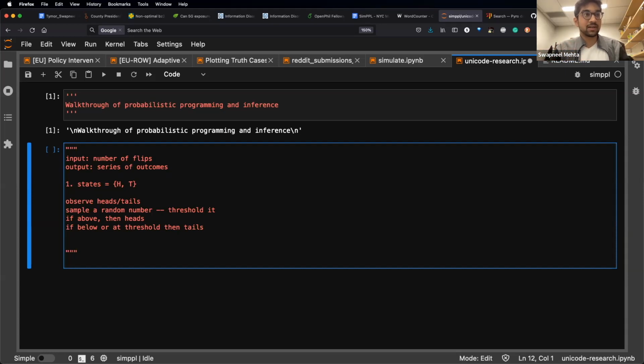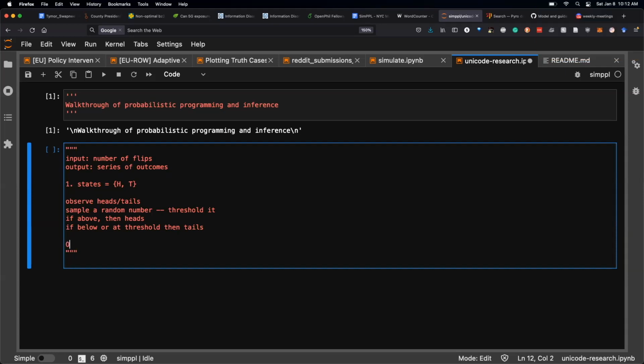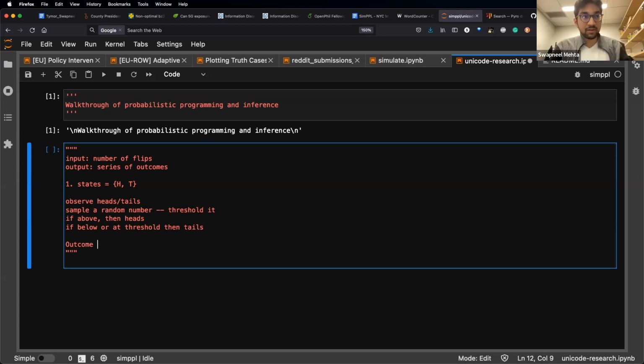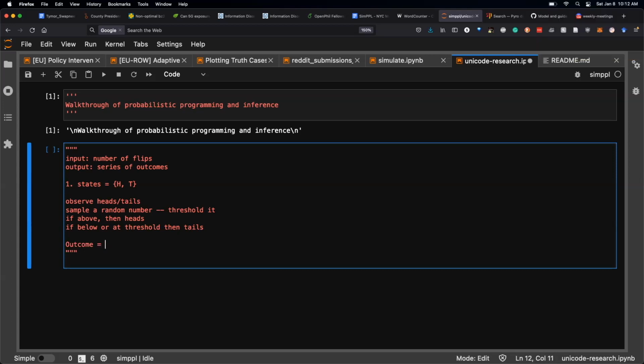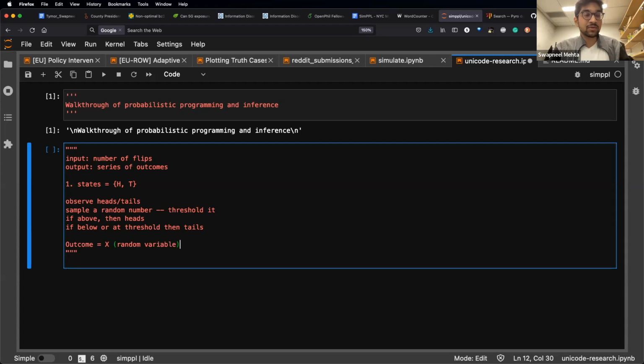Let me improve my question. If I say the outcome of a coin flip is this random variable X, and now I'm walking you through the process of how a scientist or a mathematician is going to approach this problem.